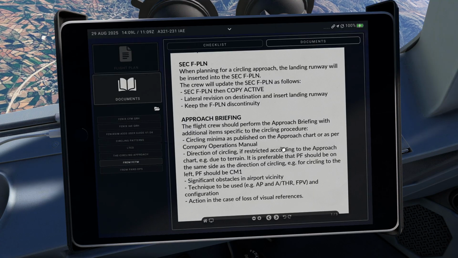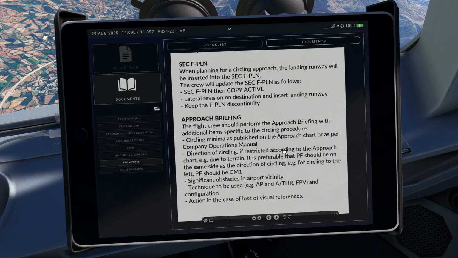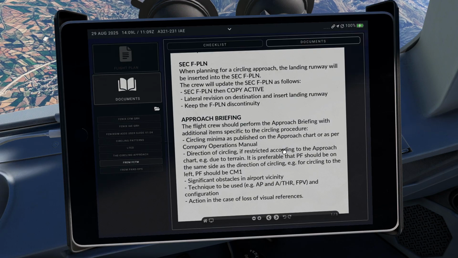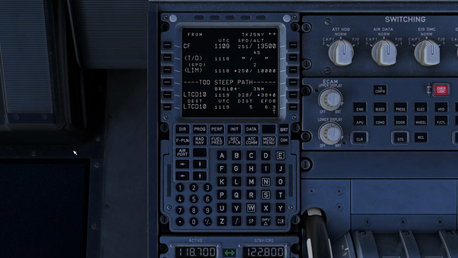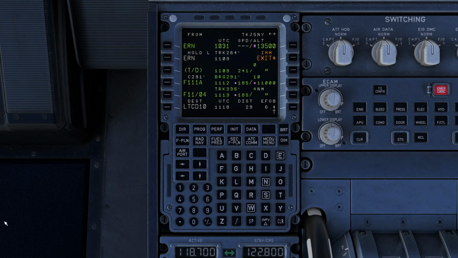Keep the flight plan discontinuity. Whenever we activated it, we will do that. And also, if we are going to do that, the center fix and also the 2SC pass are indicated here.